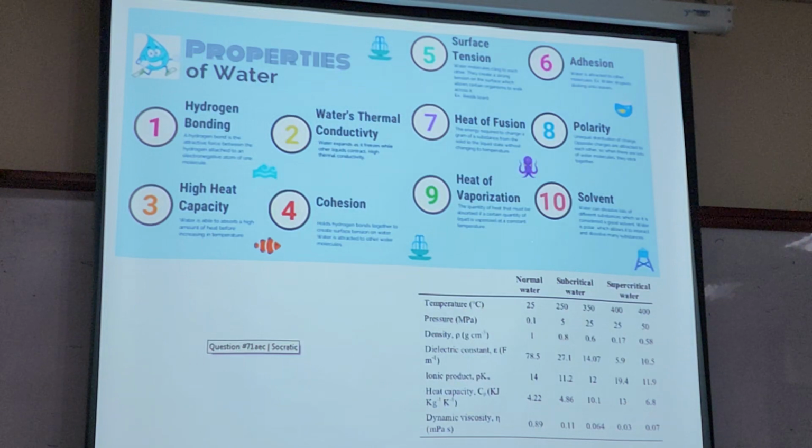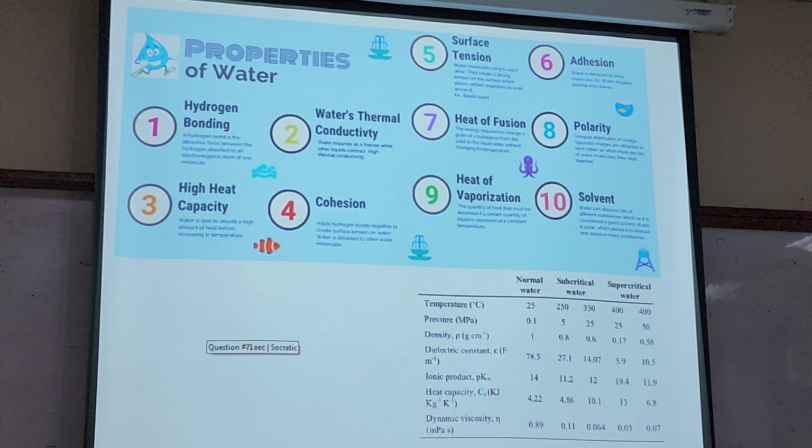And then the high heat capacity. H2O is not easy to break the bond. Means that before the bonds can be broken, a large sum of energy needs to be absorbed first, right? Meaning that the phases of water from solid to liquid to vapor or steam gas, you need lots of energy.